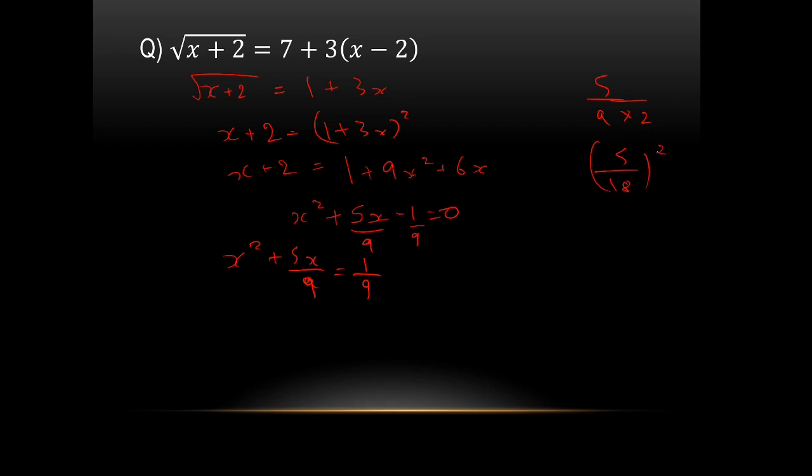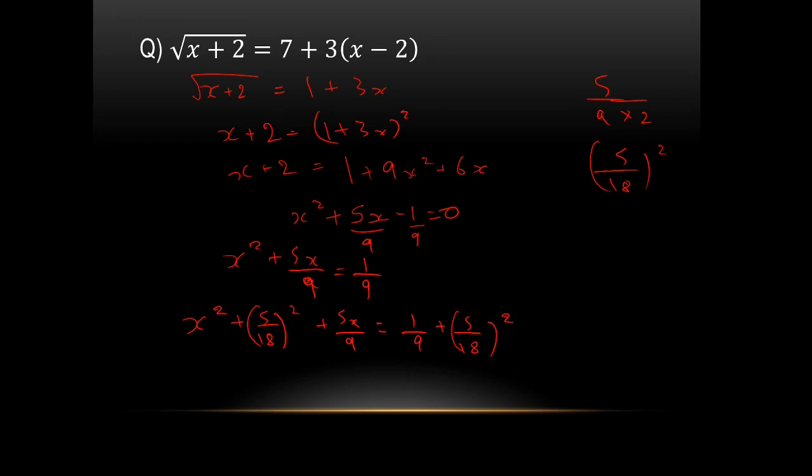And we add it to both sides of the equation: x squared plus 5x by 9 plus 5 by 18 whole squared equal to 1 by 9 plus 5 by 18 whole squared.